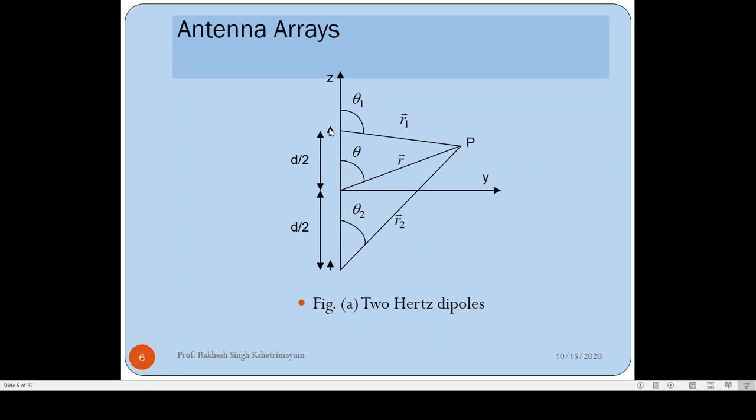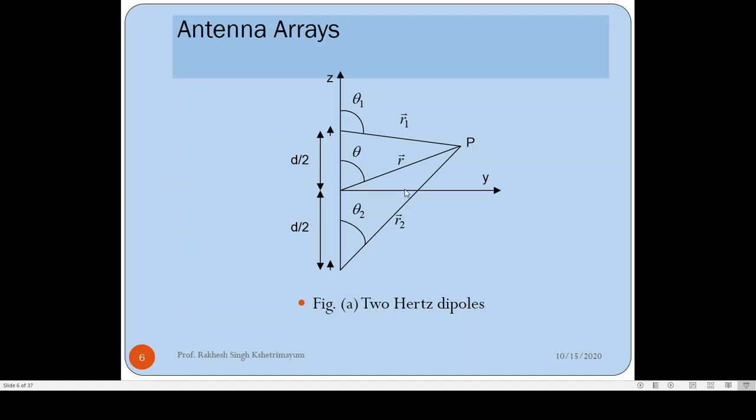What we are trying to do is find the field produced by these Hertz dipoles in the far field of the antenna. P is a position vector. We are looking at the radiation of Hertz dipoles 1 and 2 at the far field position P. So how do I find that?